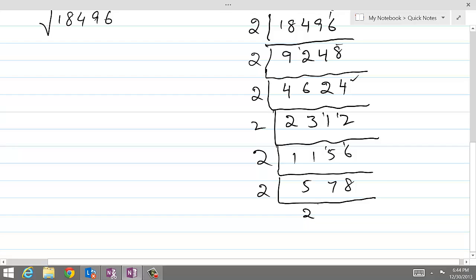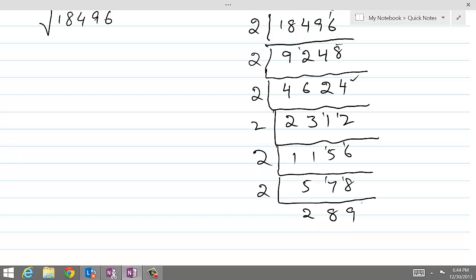2 times 2 is 4, 1 is carried over, that will make it 17. 2 times 8 is 16, and 1 is carried over. 2 times 9, 289. Now, as students of mathematics, we should always know the squares of the first few numbers.